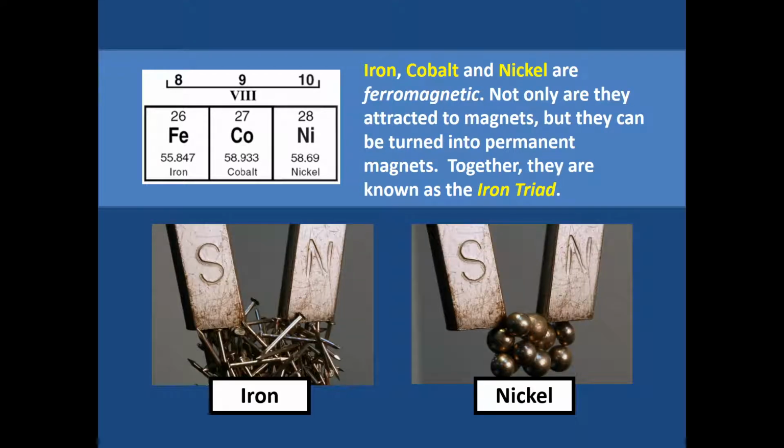Iron, cobalt, and nickel are ferromagnetic. Not only are they attracted to magnets, but they can be turned into permanent magnets themselves. Together, they are known as the iron triad.